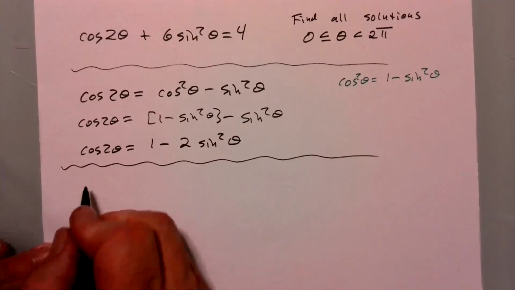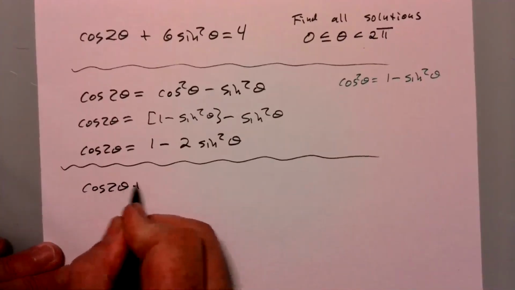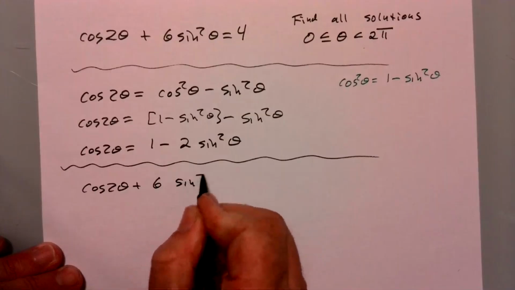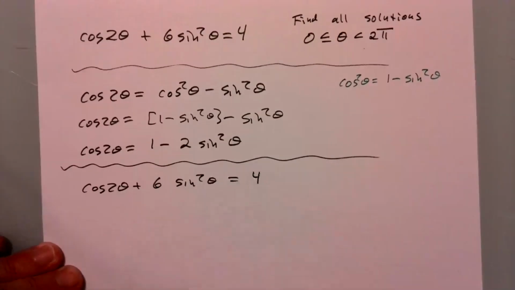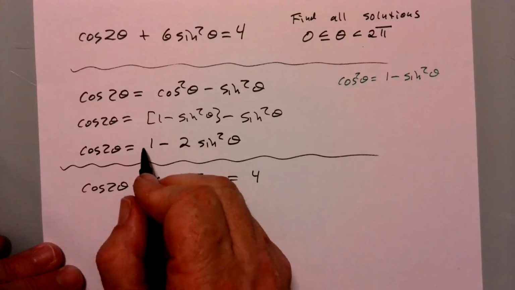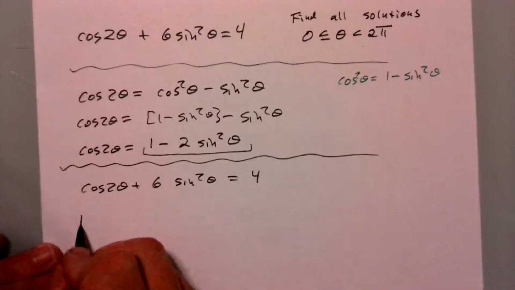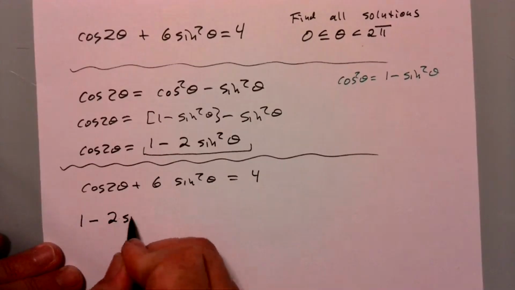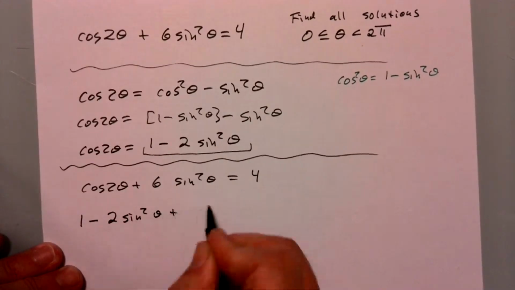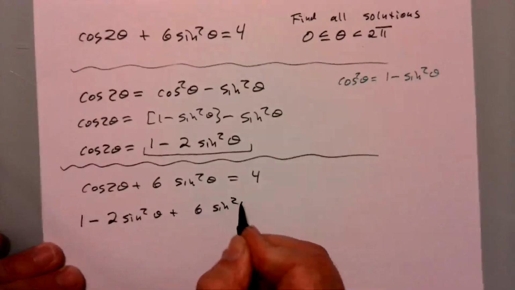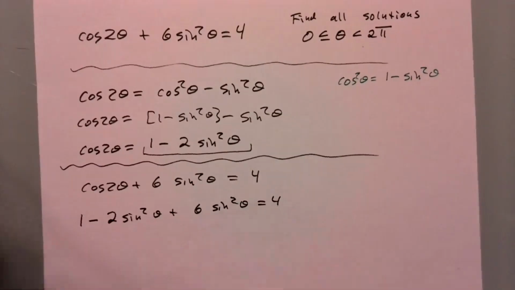So my original equation is cos 2 theta plus 6 sine squared theta is 4. And I'm going to replace cos 2 theta with 1 minus 2 sine squared theta. So let's do that. 1 minus 2 sine squared theta plus 6 sine squared theta equals 4. Okay.